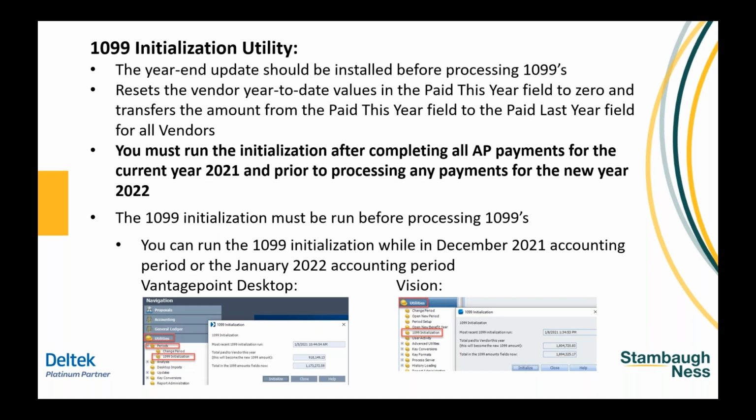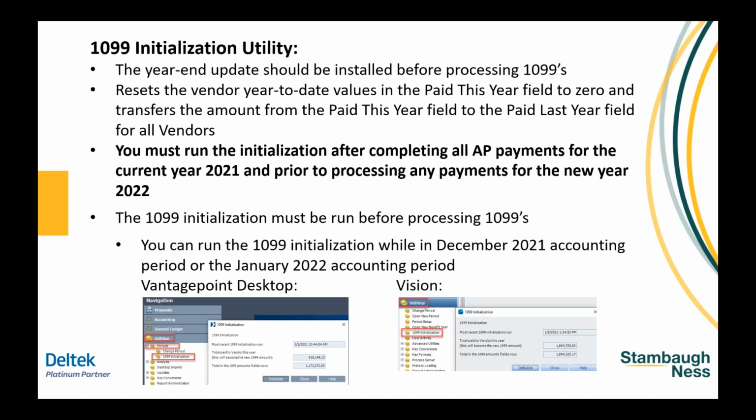So I always recommend complete your cash processing, your AP payment processing, your cash disbursements. Just complete your AP processing for payments purposes through December 31st. Then initialize your file.